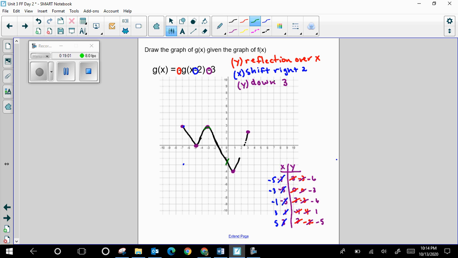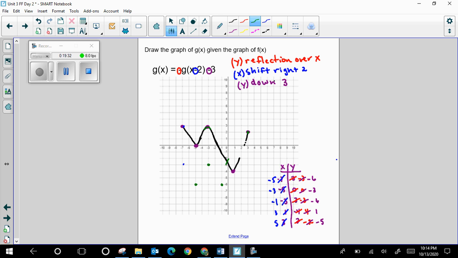Alright, so negative 5, negative 6. Graph is kind of small. It's a little hard for me to see. Negative 3, negative 3. Should be there. Negative 1, negative 6. I should have just shifted all my points 1 more unit to the right. 3, 1 ends up being the same one.